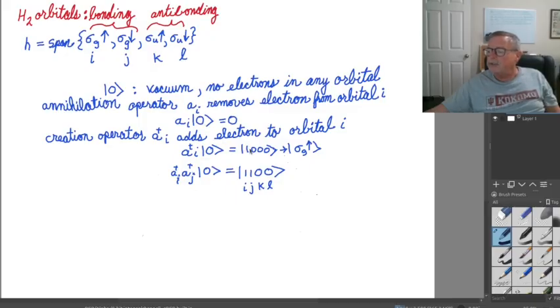Now let's build this thing up. Let's build our most common scenario for the minimal basis H2 molecule, and that is these symmetric orbitals filled with 2 electrons, an up and a down. Here's where I add the I, which is the up. So there's the 1 there, which is the same as orbital G sub up.